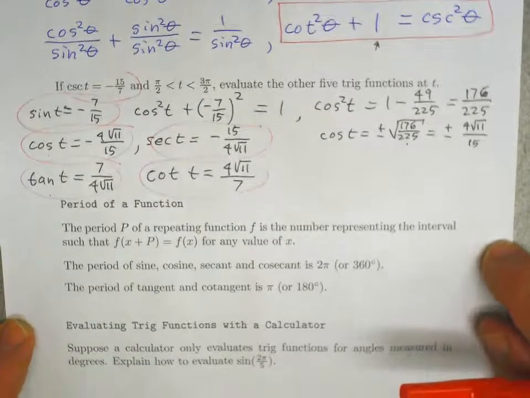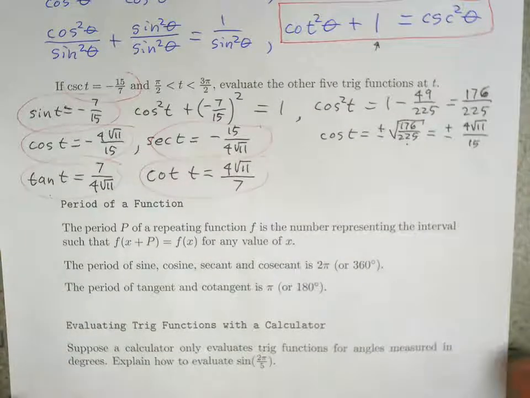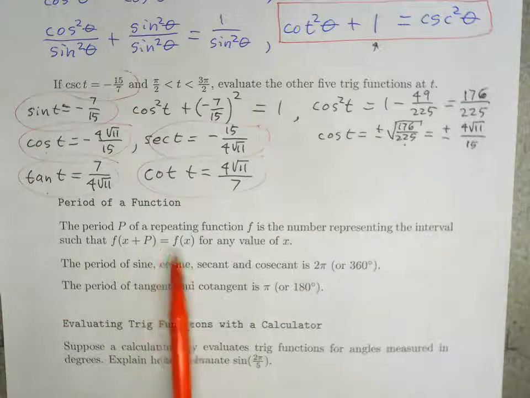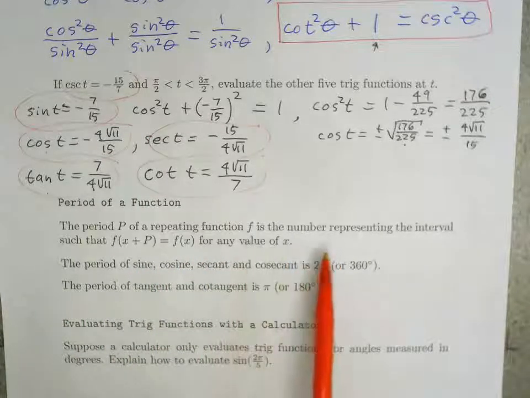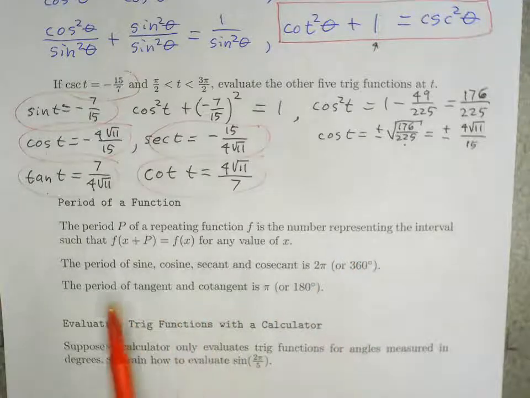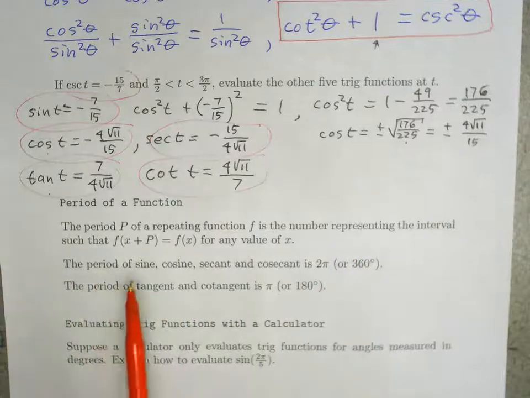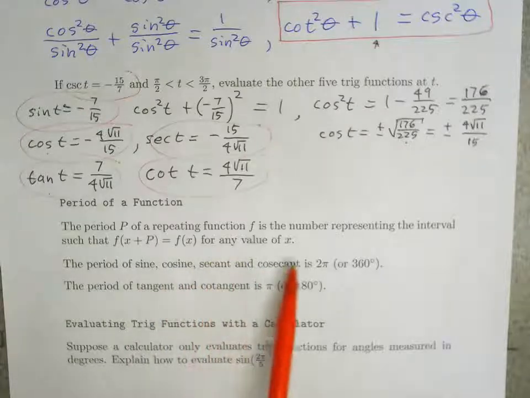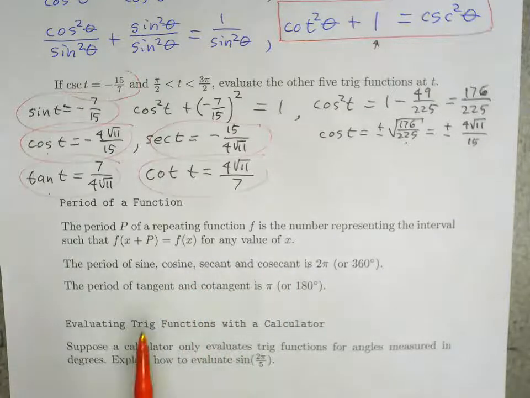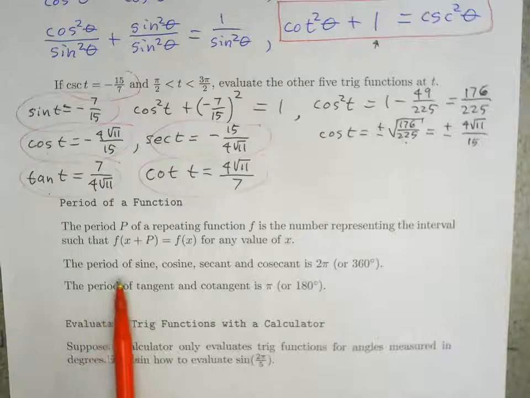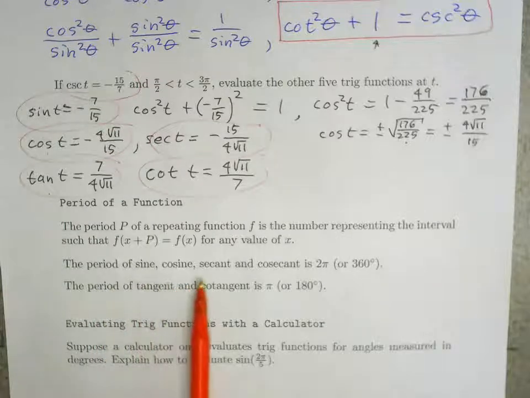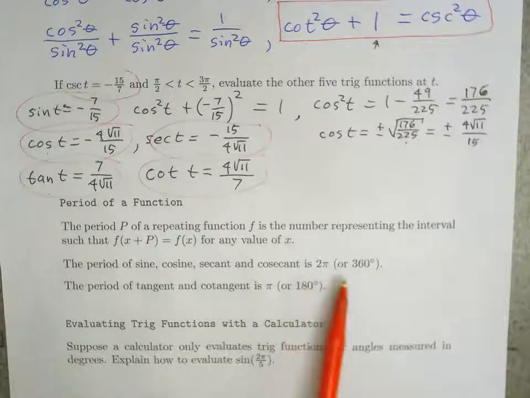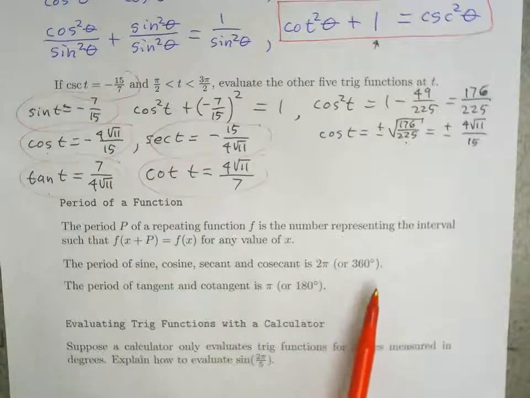Okay, the period of a function, the period capital P of a repeating function f is the number representing the interval such that f of x plus p equals f of x for any value of x. So it turns out that the period of sine, cosine, secant, and cosecant is 2 pi radians, or 360 degrees.